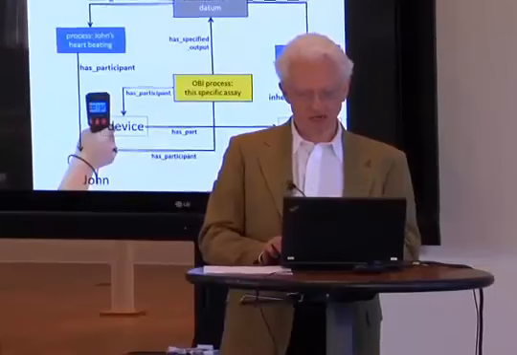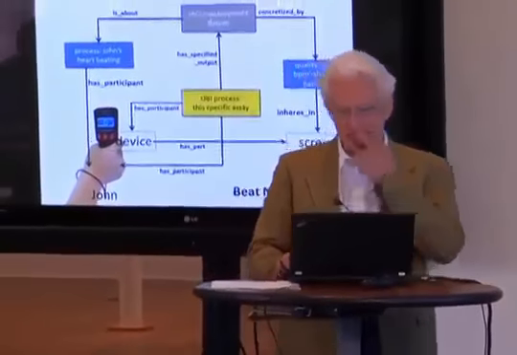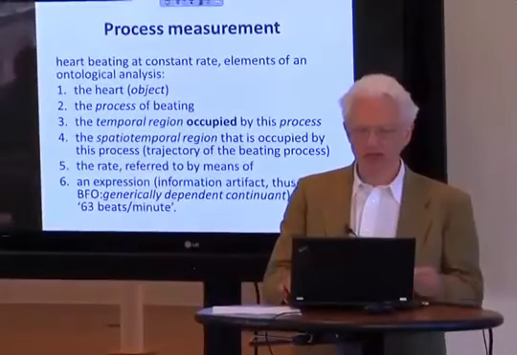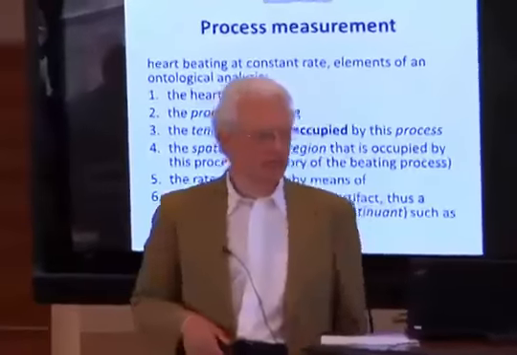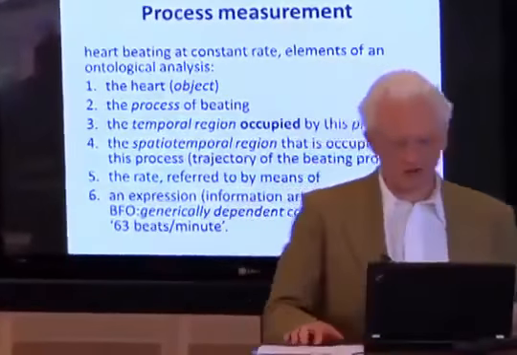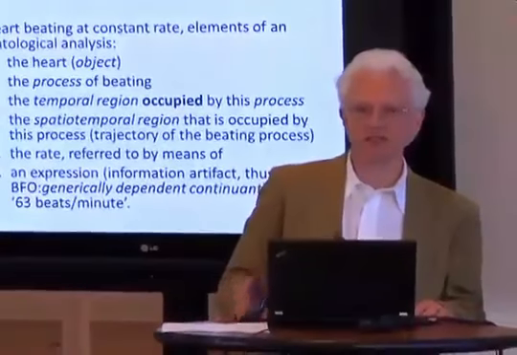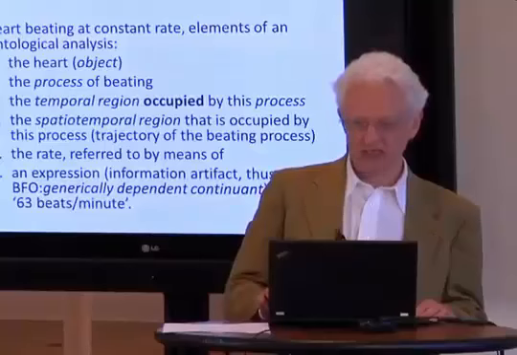All right, so the example I just gave was a case of measuring a quality, but we also have cases where we measure a process, for instance, where we measure heartbeat. The current work on the revision of BFO is about how we deal with qualities of processes, like the rate at which a heart is beating.